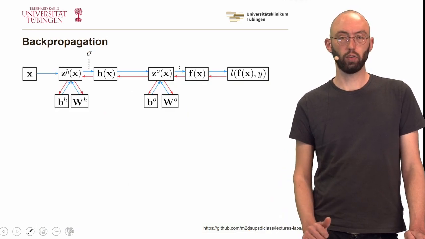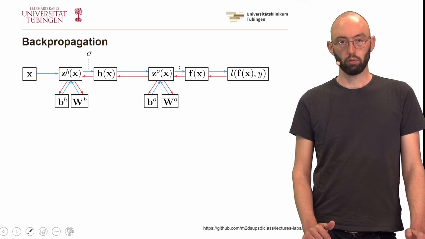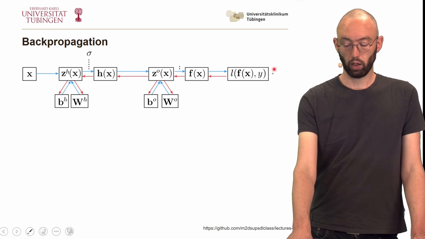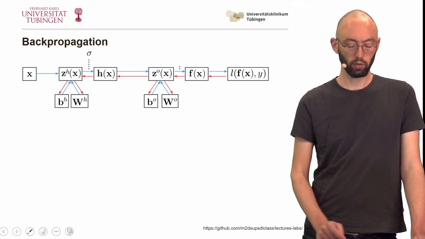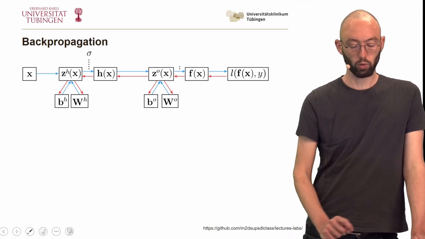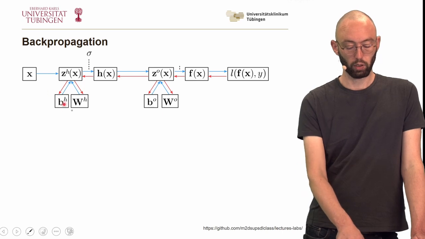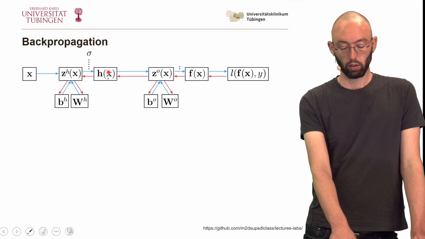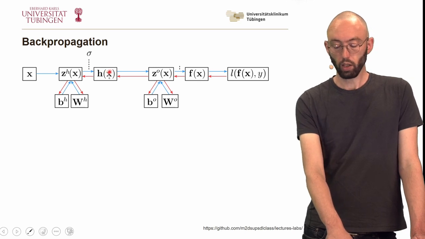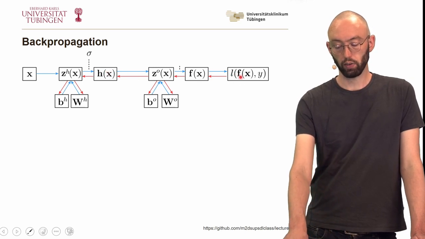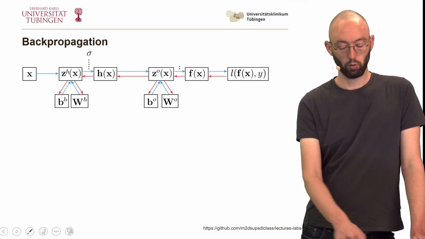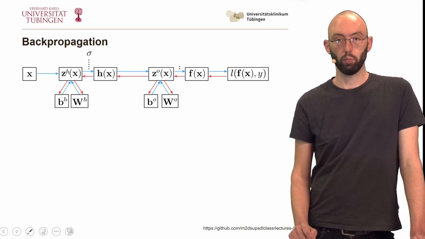The parameter inference in deep neural networks, the key ingredient for that is so-called backpropagation. Where we have the forward pass, we put a sample through a neural network with parameters b and w. We compute a linear representation and then the nonlinear one. And we pass that through the different layers until we can evaluate the loss function for that particular stimulus.